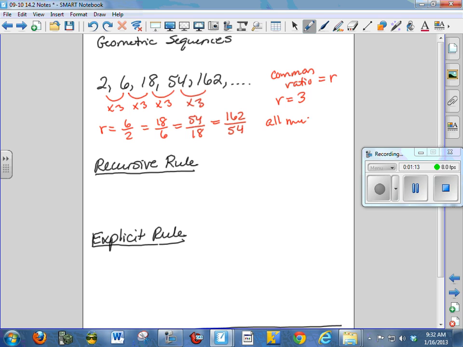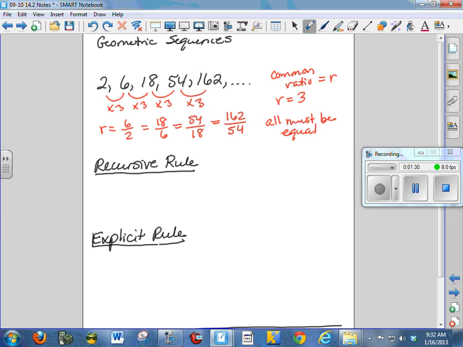All must be equal to be a geometric sequence. So if you are looking at some messier numbers, just pull out the calculator, do that little gizmo there, and you can figure out if it's a geometric sequence.